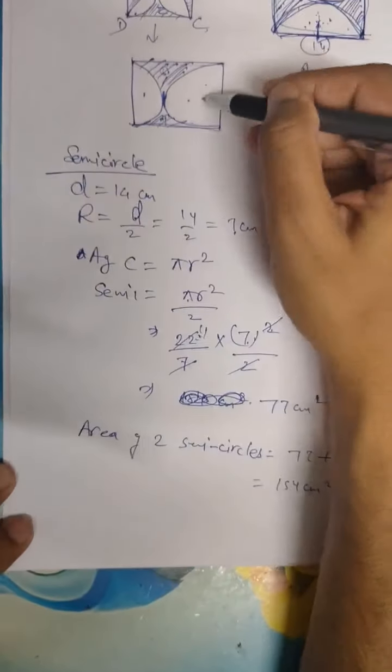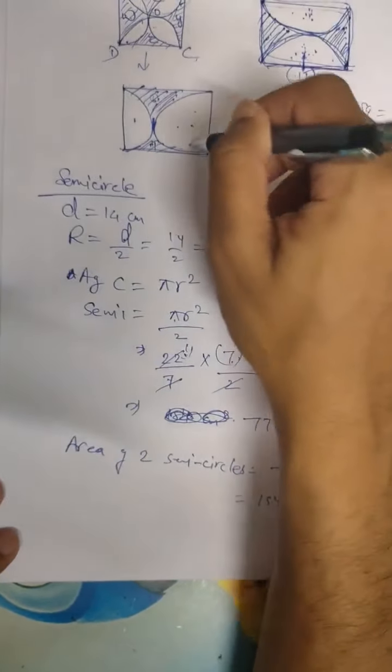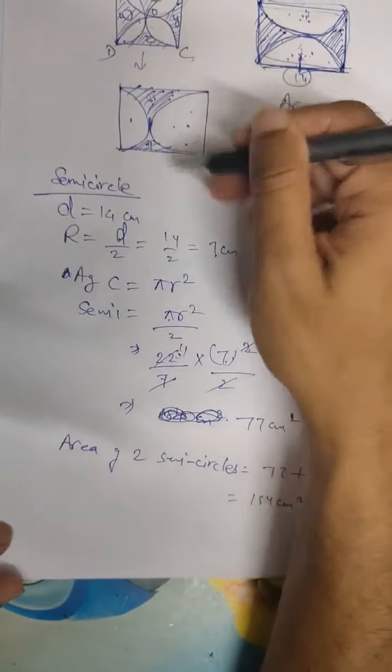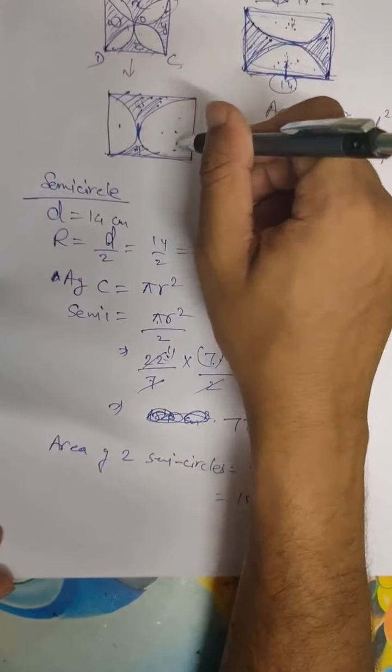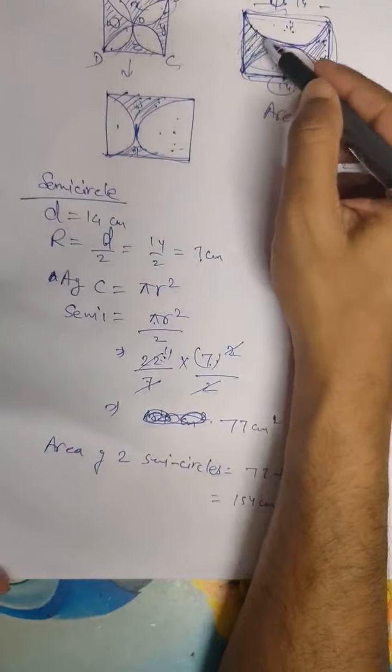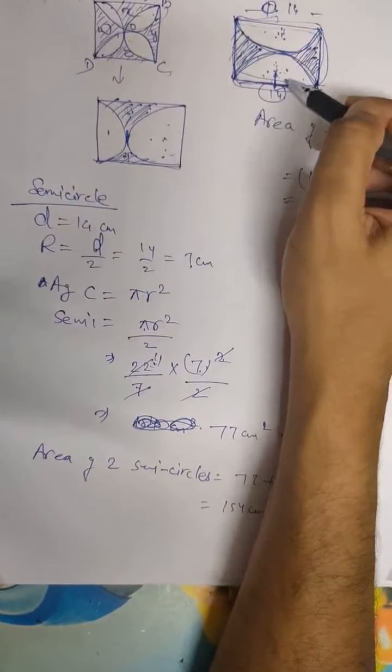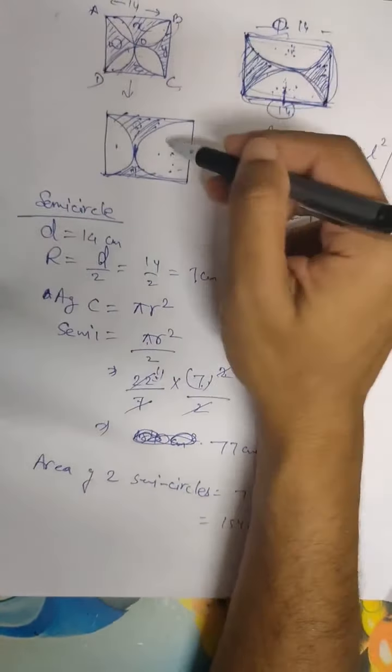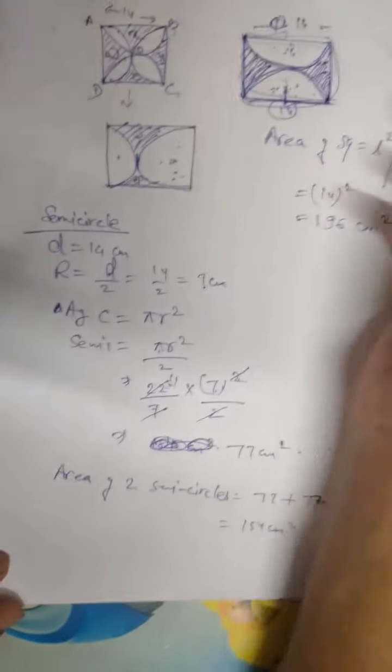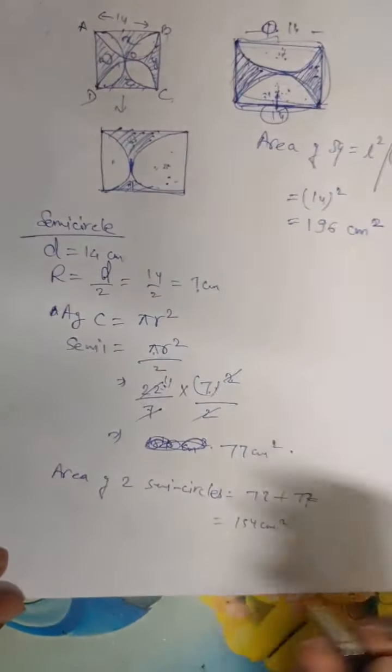And similarly for this figure, everything is the same, so we'll take the same way. So first calculate this one and we will multiply by 2, then we can get the whole, because they are similar ones, we can take it as a symmetry.